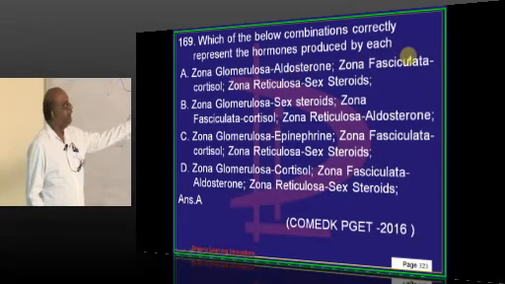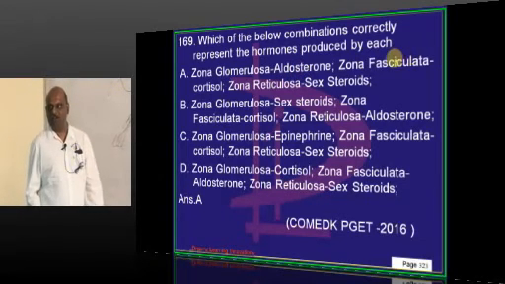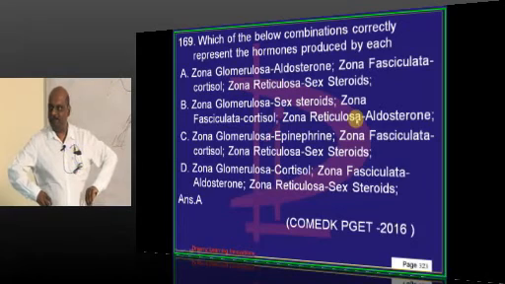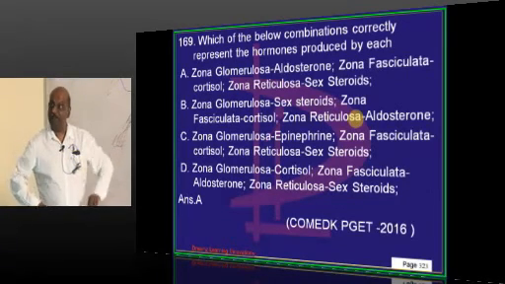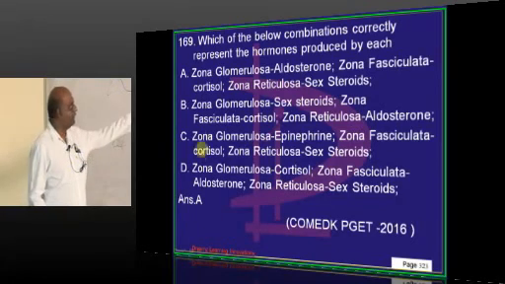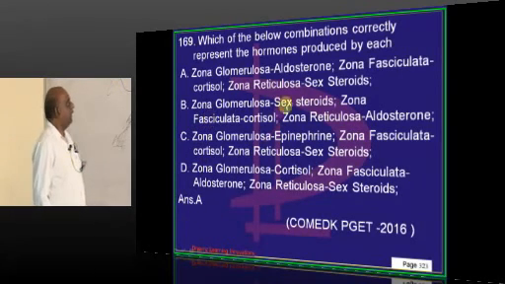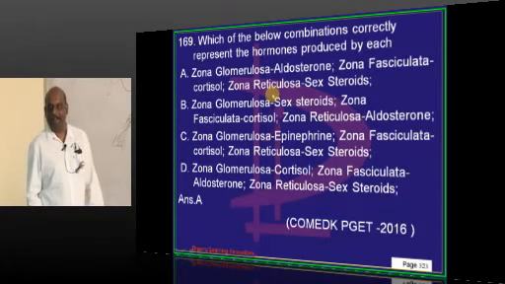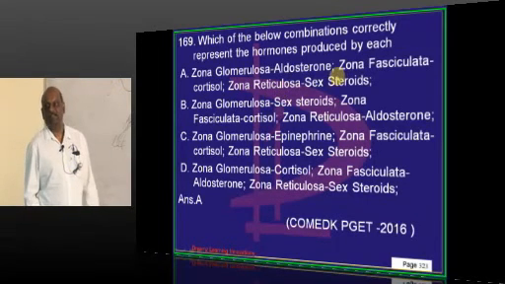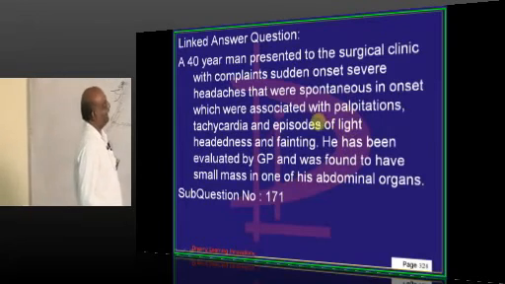Agreed? Fasciculata, if fasciculata overworks, you become fat. Cortisol excess will lead to Cushing's, no? So fasciculata is cortisol. Reticularis, R is red light area, means sex. That means sex steroid. Some stupid way to remember. Don't tell them that I must teach like this.